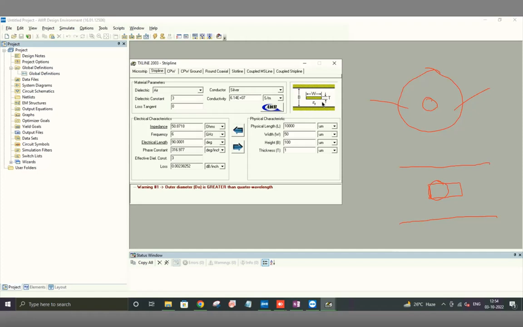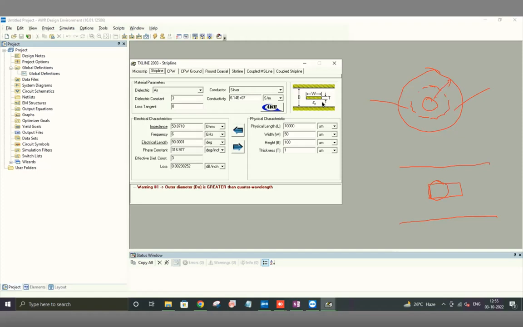Remember the field lines for the coax we had discussed, the electric fields are radial and the magnetic fields are circular. The current is flowing in and out of the plane. Both magnetic and electric fields are perpendicular to each other and perpendicular to the direction of propagation.